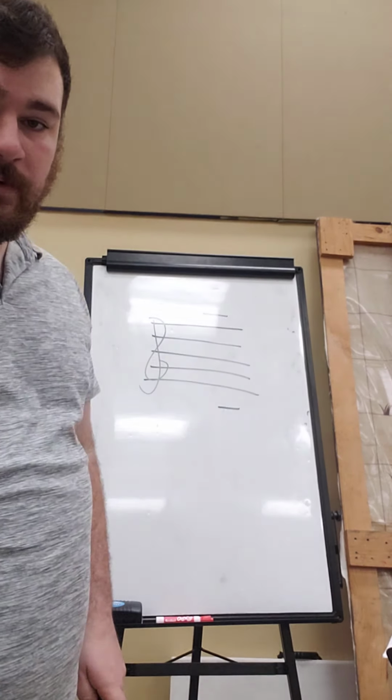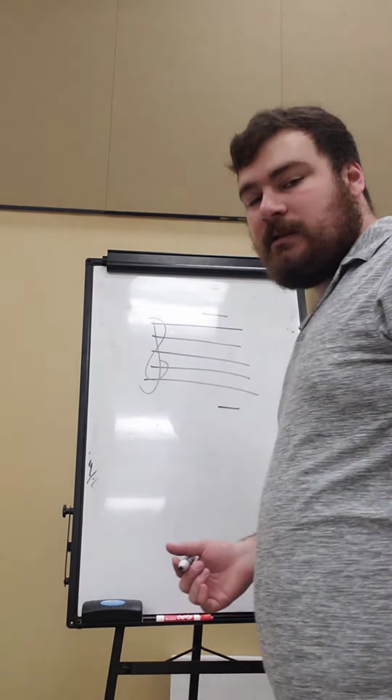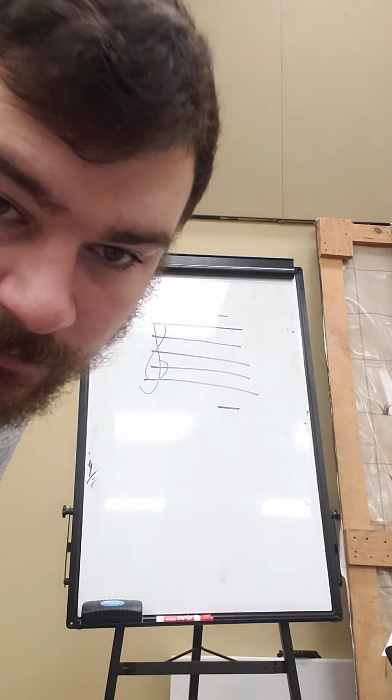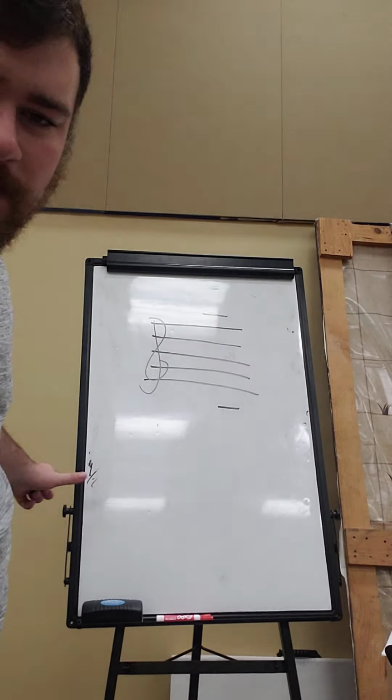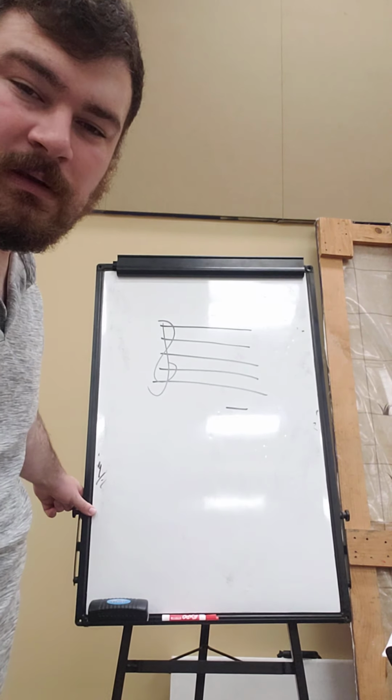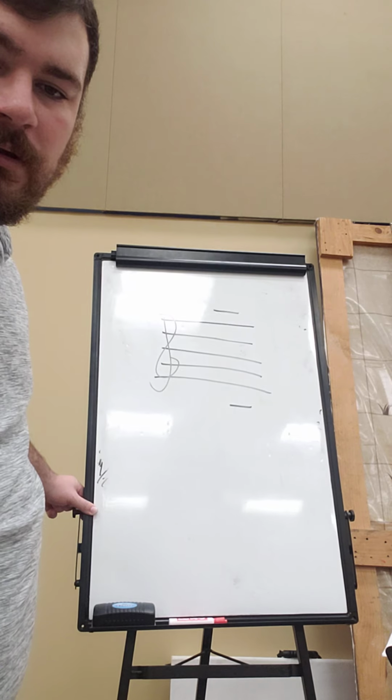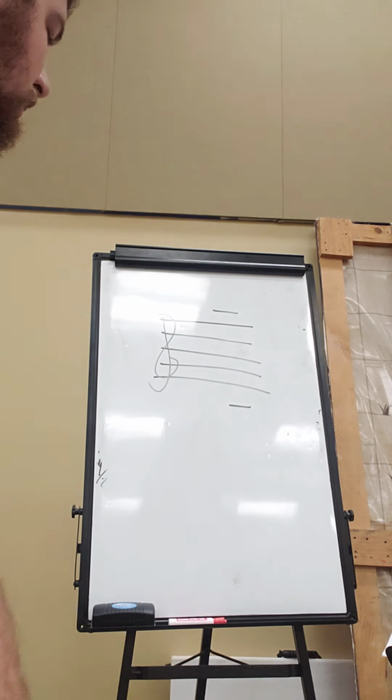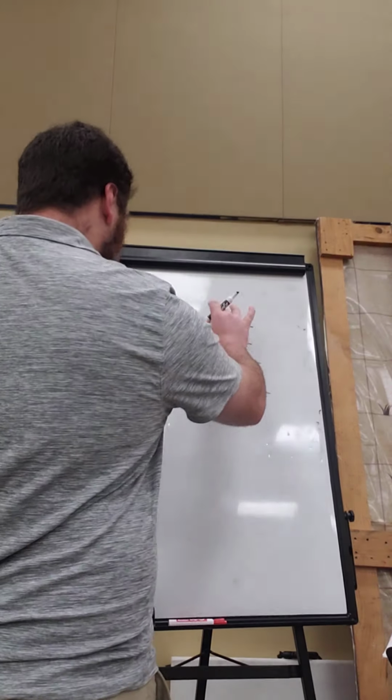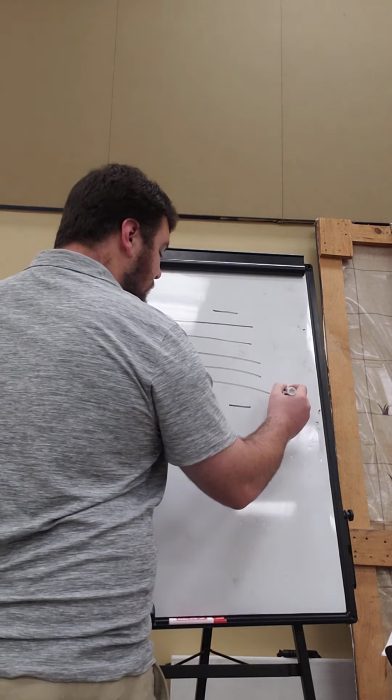All right, so yesterday we added a ledger line above and a ledger line below the staff. Can y'all see that? See if I can get that in better lighting. Yeah, right there. Okay. We learned the one ledger line below and one ledger line above on the treble clef staff.